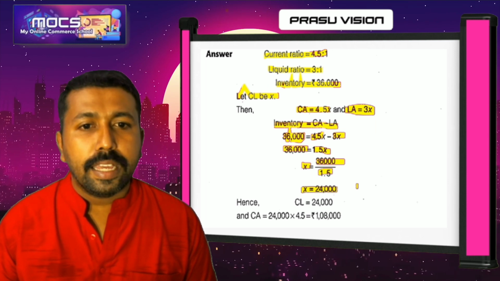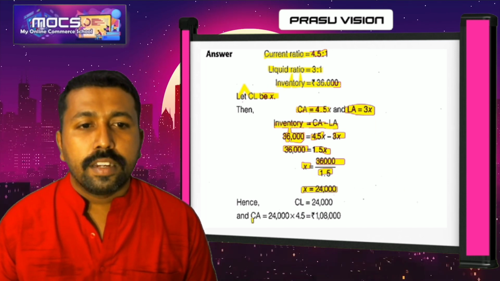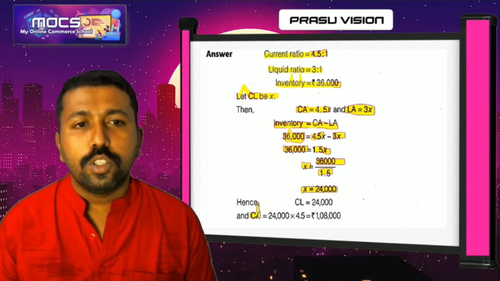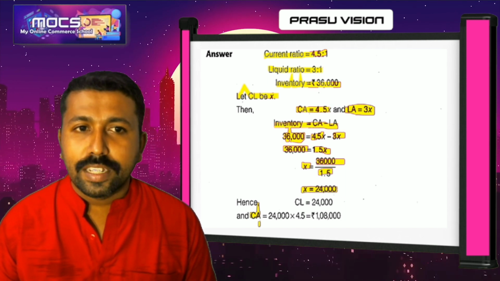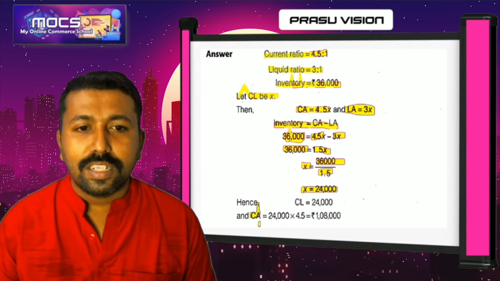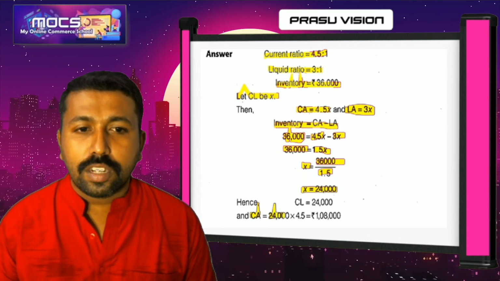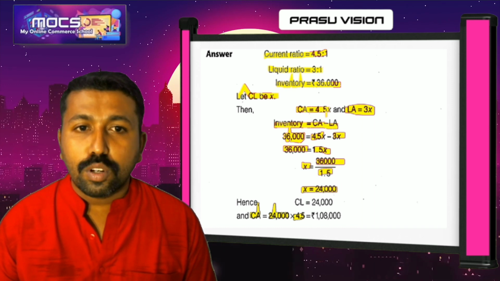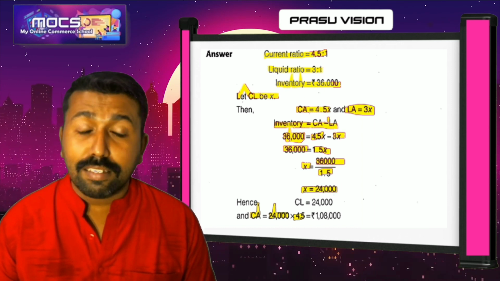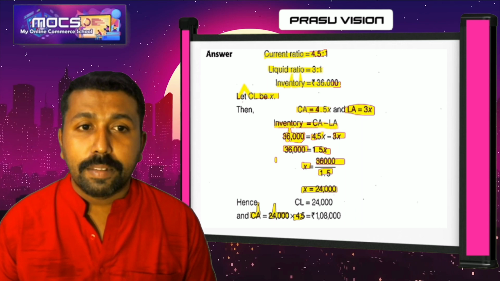Then we can directly apply in the equation. Current asset is equal to what? The current liability into 4.5. Why? Because current asset is equal to 4.5x, and x is the value of current liability.